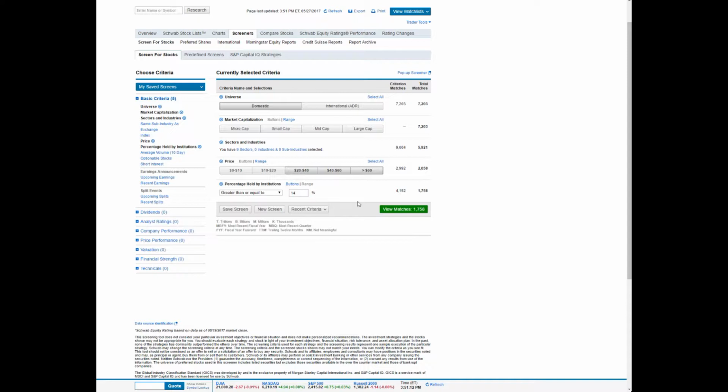So this is actually very important. You definitely want a growth in institutional sponsorship. The current percentage doesn't matter as long as it's above a minimum, like a 15 or 14. What matters is that more institutions are purchasing the shares of a certain stock. So this is super important, but as long as it's just above this minimum, I would think.